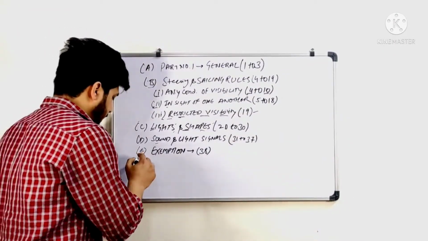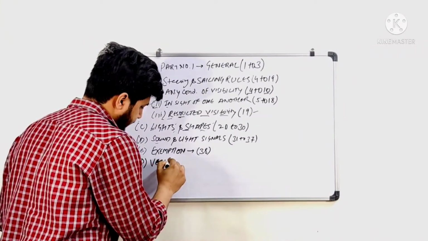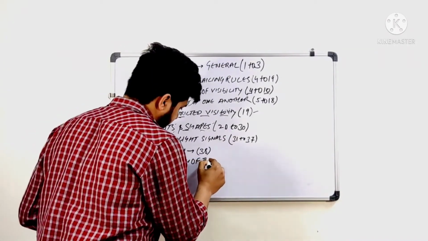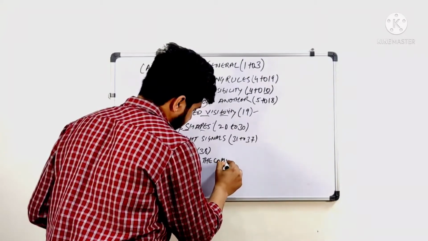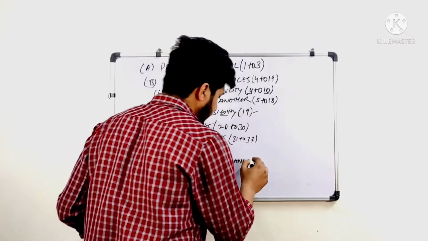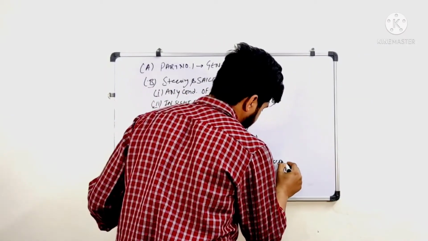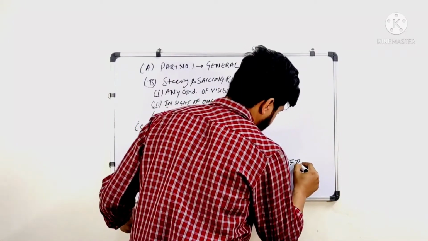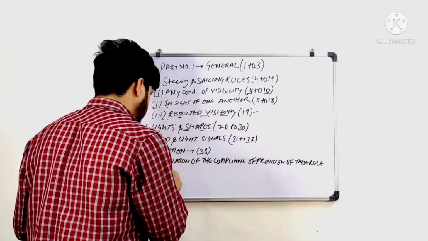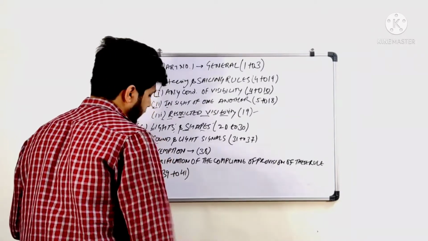Okay, the last part is verification of compliance of provision of this rule. It consists of rule number 39 to 41.